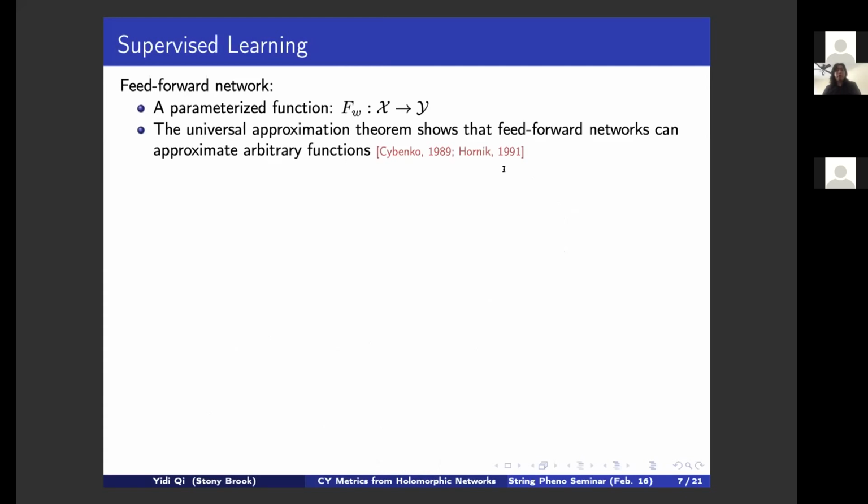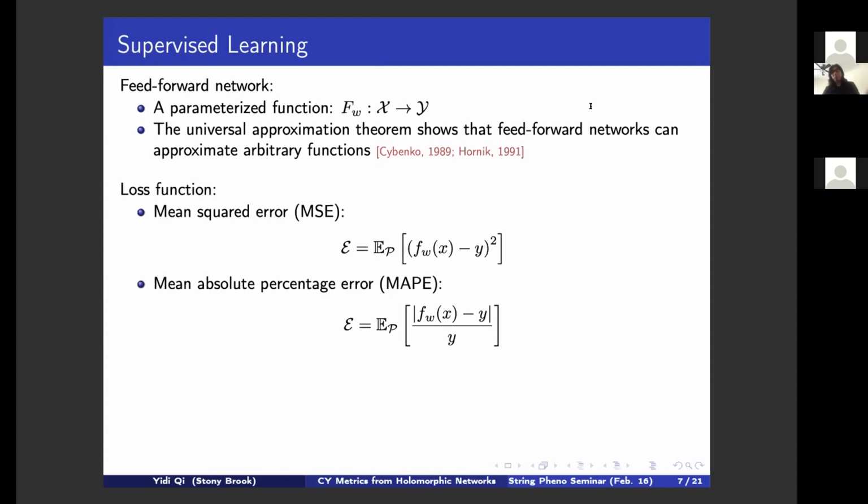It can be shown that this kind of function can approximate any sort of function you have. That's why it's very useful in all kinds of problems. This is what we call the universal approximation theorem.